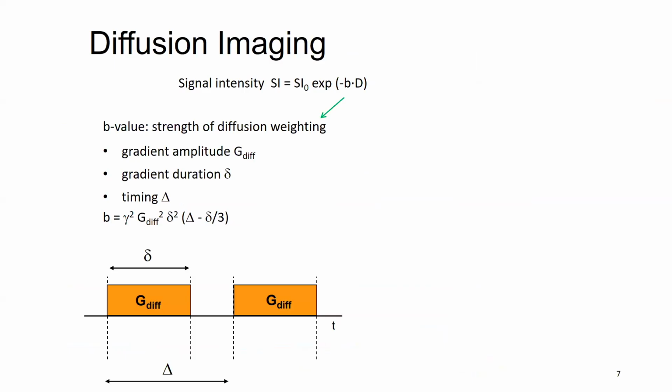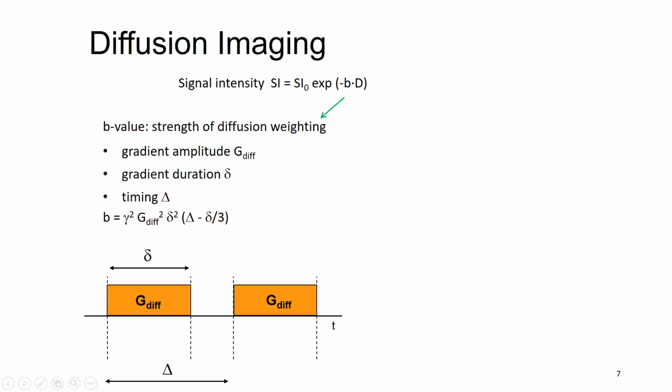But what we measure, so that's to come back to how can you measure the diffusion coefficient? Well, we do have a signal intensity. We measure it after our pulse sequence, and the signal intensity is the signal intensity 0, so when I don't have a gradient, multiplied by exponent of minus b times D. Now this b is the b value, it's the strength of the diffusion weighting.